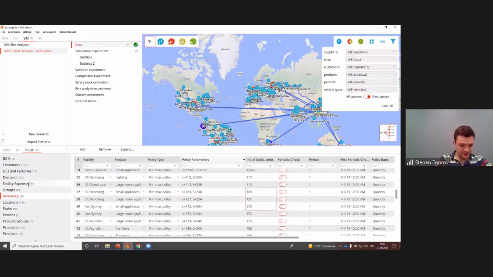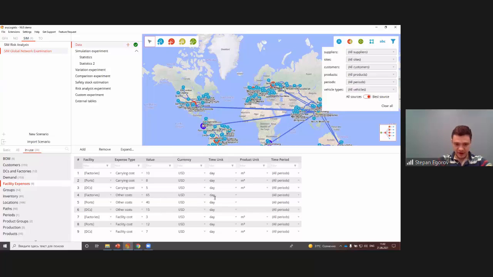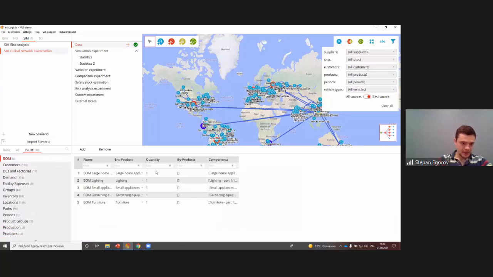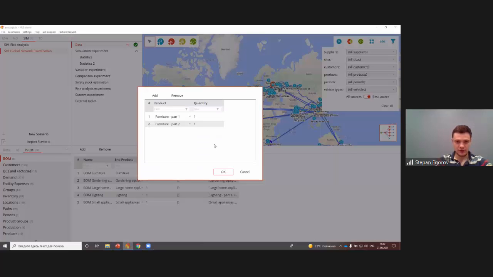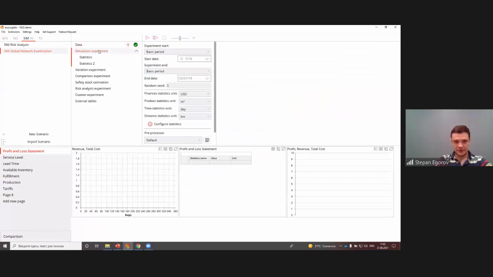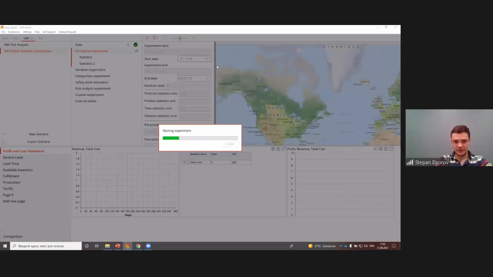We also have defined some facility expenses for storage. We have defined some products. We have defined some BOMs, how the products are produced, and so on and so forth. Demand is also defined. And we can run this simulation to see how the supply chain behaves over time.